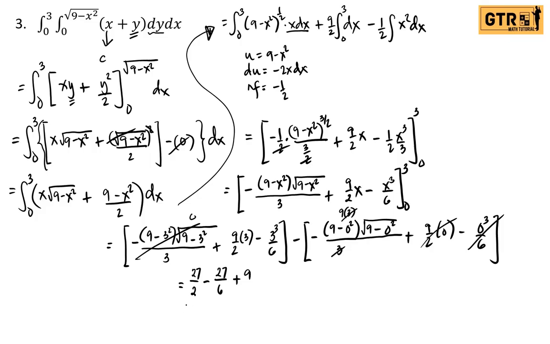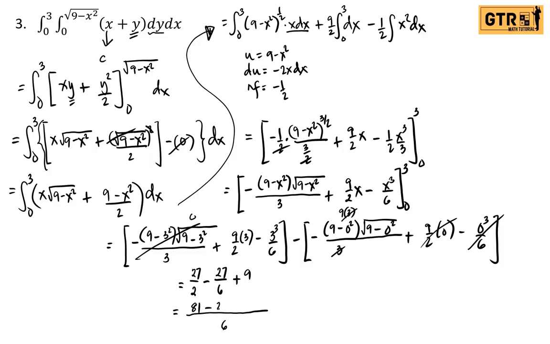Okay? So now, let's just simplify. So LCD is 6. LCD is 6. So 27. Let's multiply this both by 3. Because the LCD of this will be 6. So let's answer this in mixed number and improper fraction. So if we make the denominator all 6, so 6 divided by 2, that is 3. And then times 27, so that will be 81.